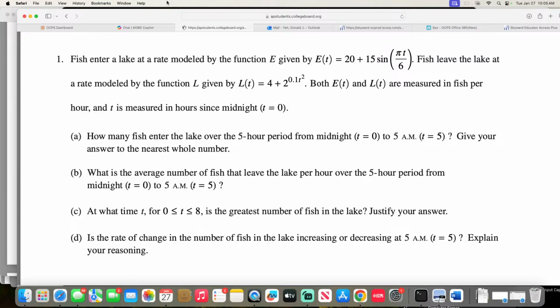Find the absolute value. You had to check the endpoints. We need to make the table. Exactly, 0 to 8. So you realize everything's the same. It's just a different way of asking questions.